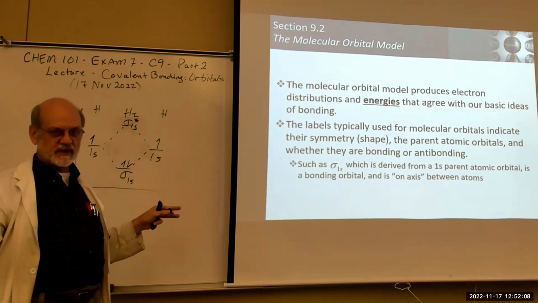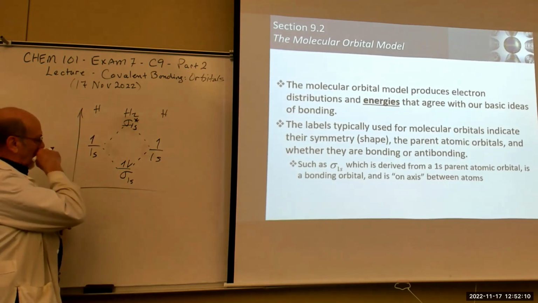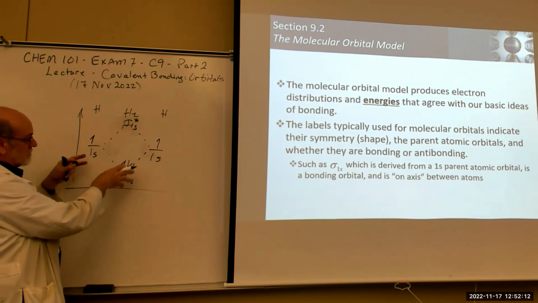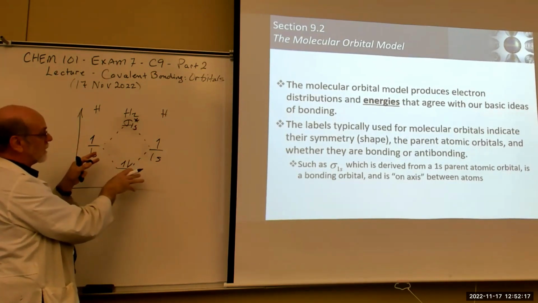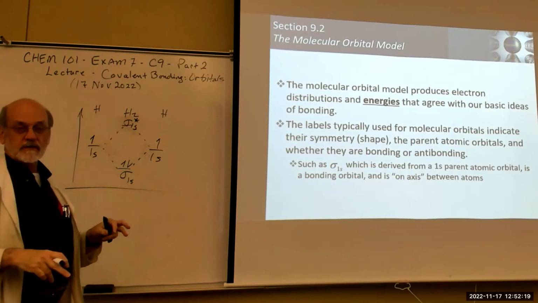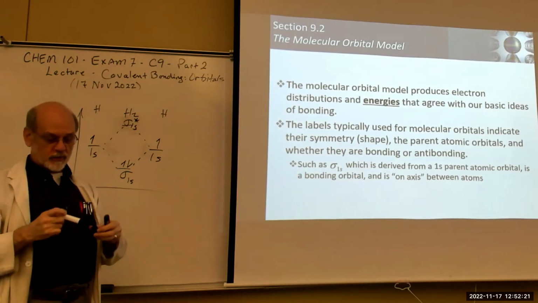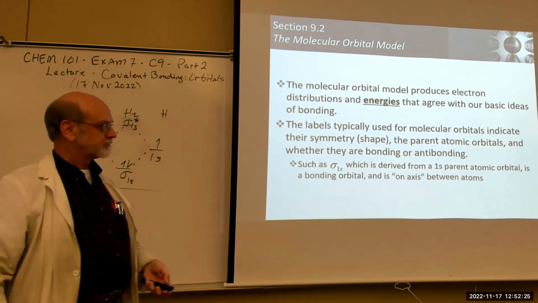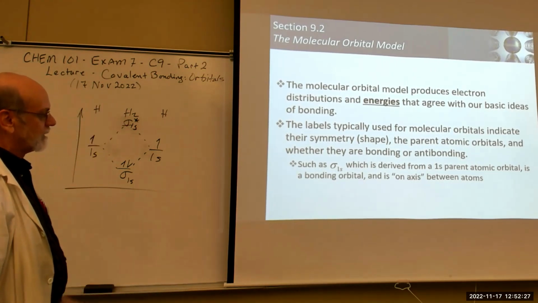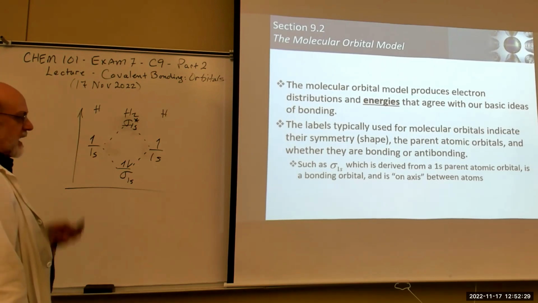They have to be opposite spin. So notice in this scenario, when we form a dihydrogen molecule, there are no electrons in the anti-bonding orbital. That's a good thing if you want a strong bond.